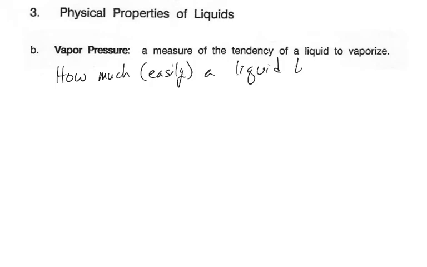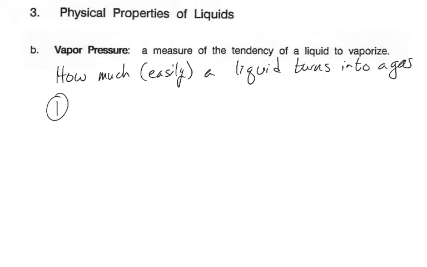So we already talked about it. The vapor pressure is the tendency of a liquid to vaporize. So the vapor pressure is how much and how easily a liquid turns into a gas. Okay.